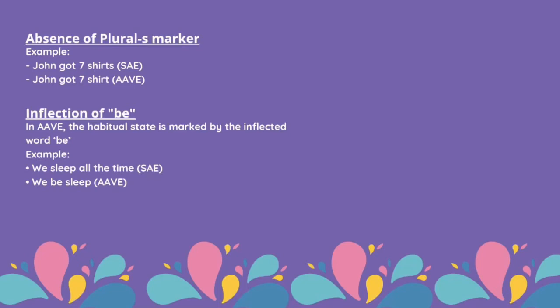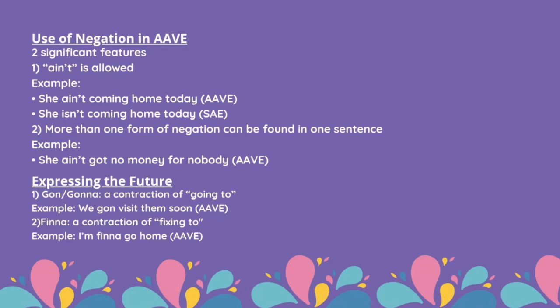Inflection of be. In AAVE, the habitual state is marked by the inflected word be. Example, we sleep all the time is the standard for standard American English, and we be sleep is the standard for AAVE. Use of negation in AAVE. Two significant features. Number 1, ain't is allowed.